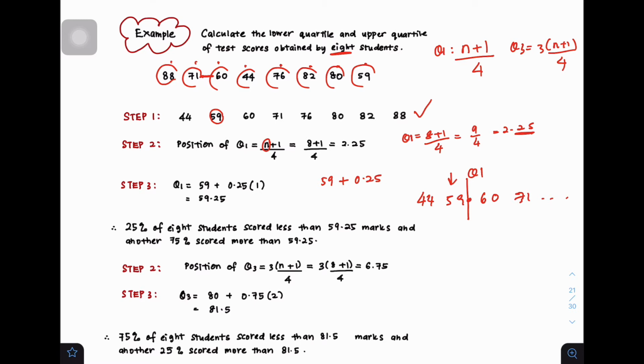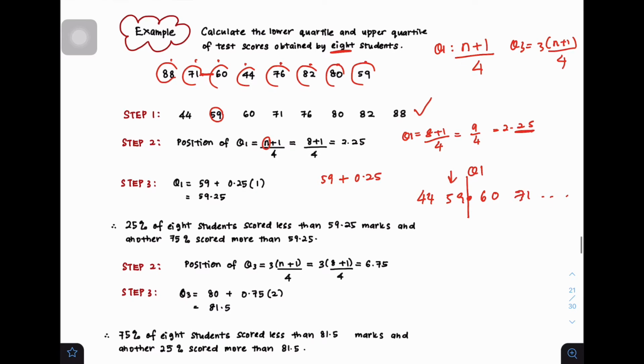Macam mana kita nak tahu data dekat sini? Antara 59 dengan 60 ni, macam mana kita nak tahu exactly the point here? Okay, so now data yang kedua ni adalah 59. So awak tambah je 59 tambah dengan baki dia 0.25 lagi. 0.25 ni apa? 0.25 daripada jarak di antara ni. 59 dengan 60 jarak dia berapa? 1 je kan?